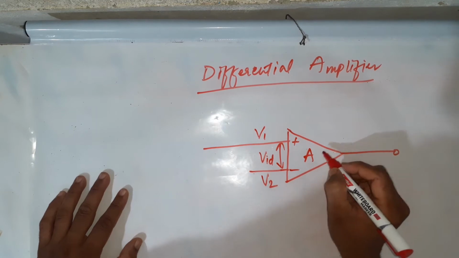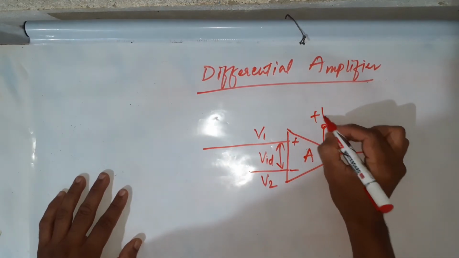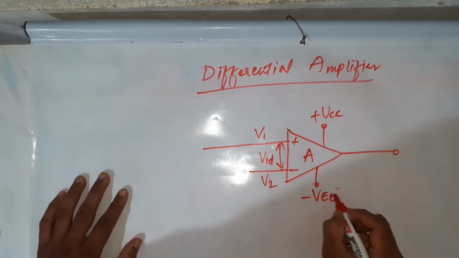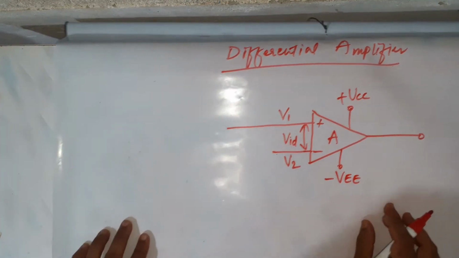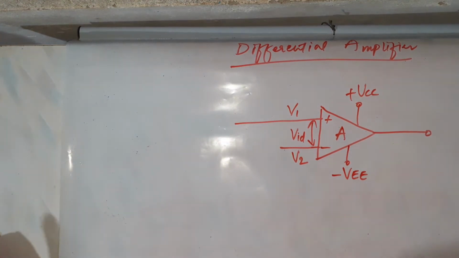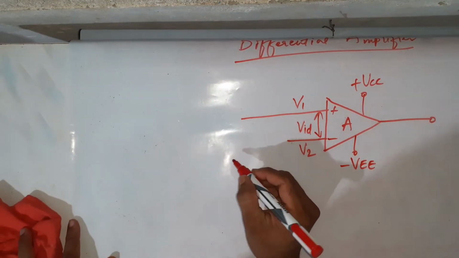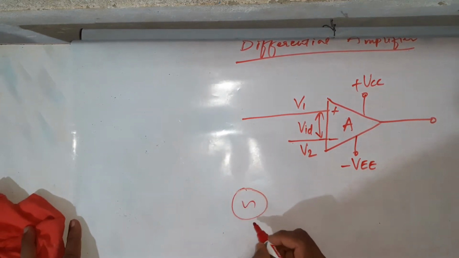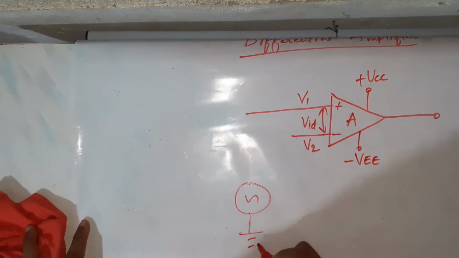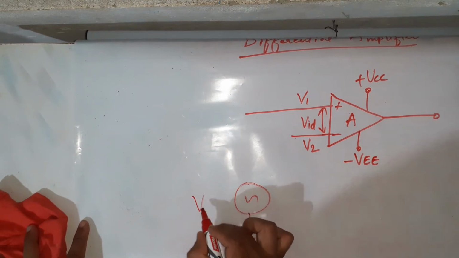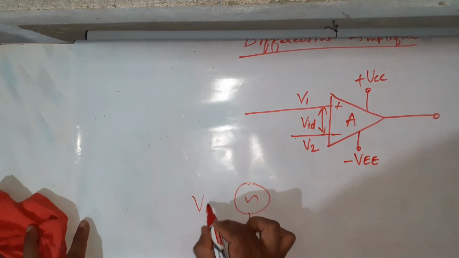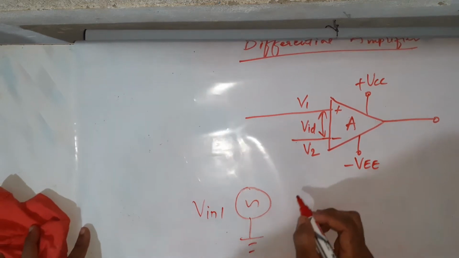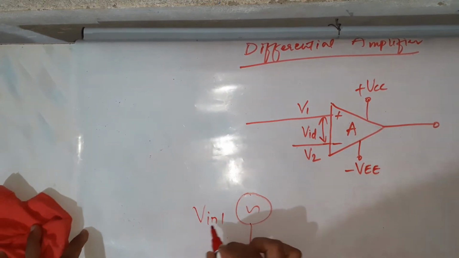This is your gain, plus VCC, minus VEE, right? Now, what input to be applied for these two terminals? So, an AC supply, let me call this as V1 input, V in 1, one stands for V1.